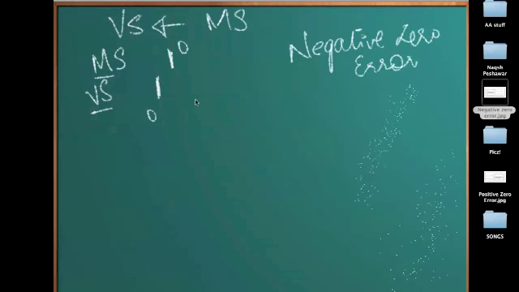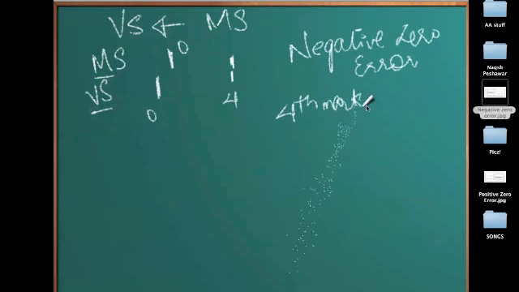You will find the zero error with the same method, finding the two points coinciding, and you will take that point. For example, if this is the 4th mark, you will say 4th mark times 0.1 millimeters. So the negative zero error is minus 0.4 millimeters.